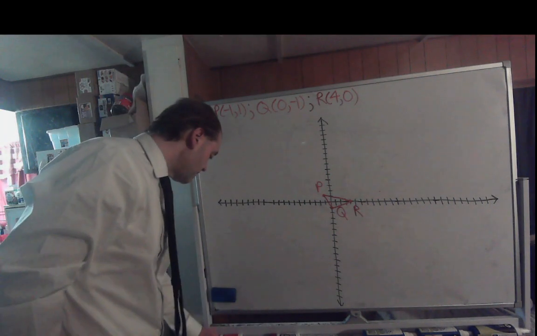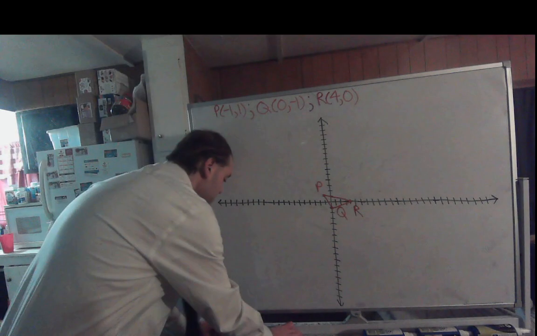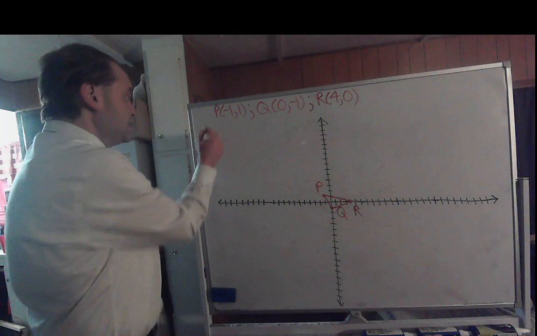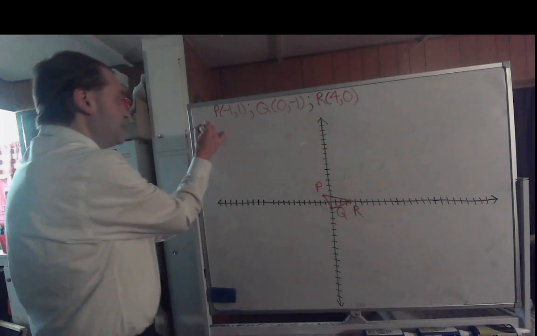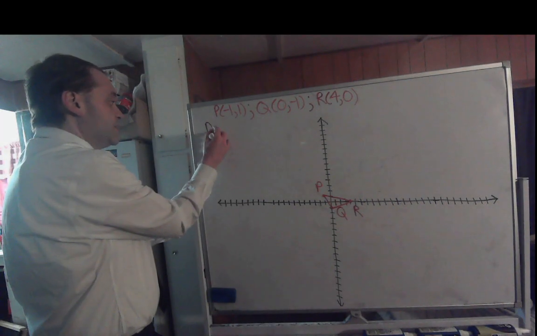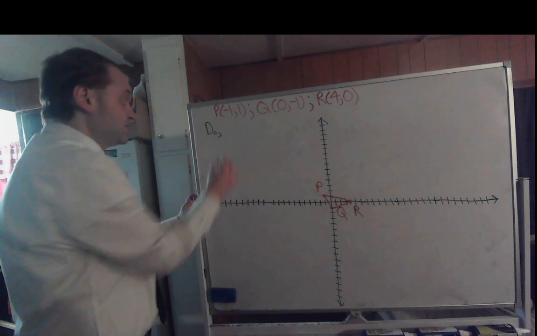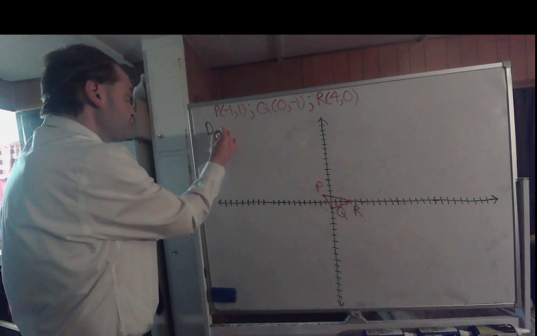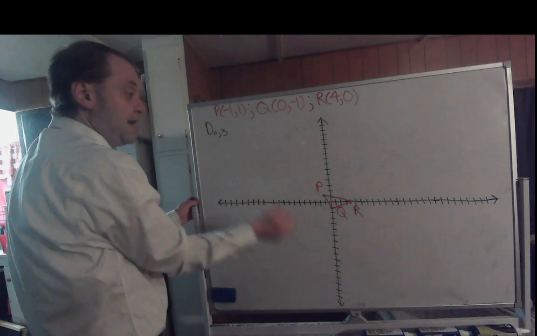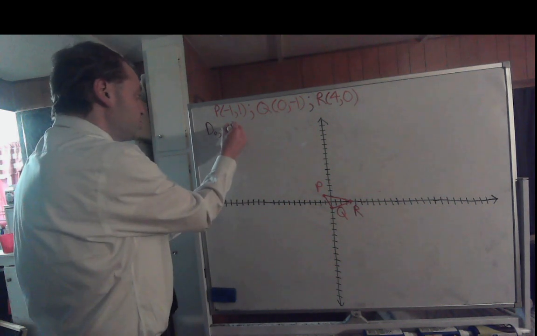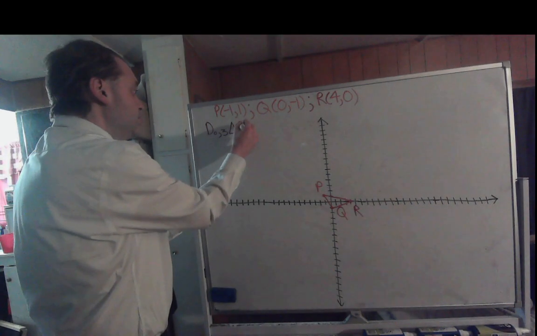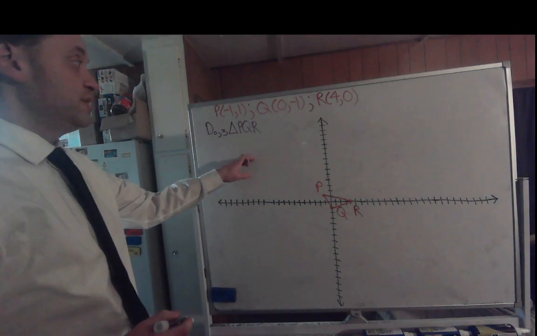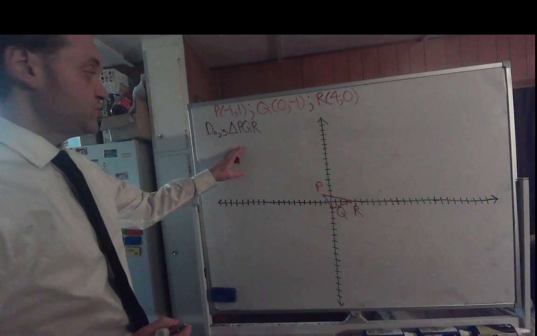Now, we are being asked to dilate through the origin with a scale factor of 3 each of these points of triangle PQR. You can also dilate the whole triangle, which means you're just going to take each of the points individually and do it.